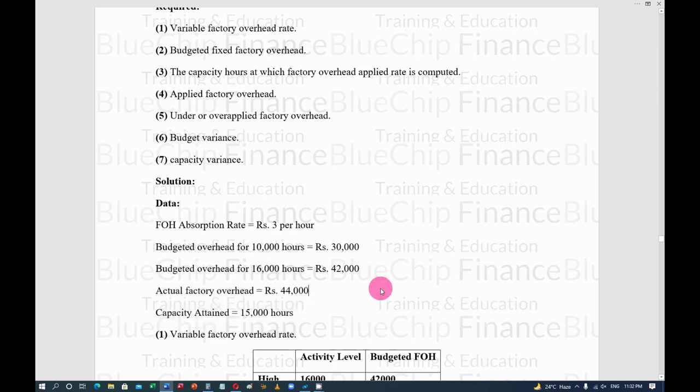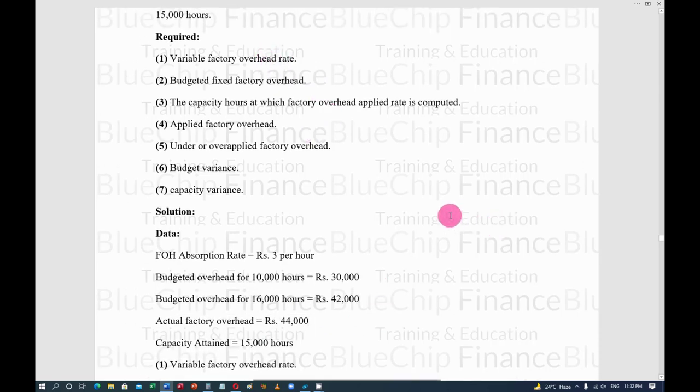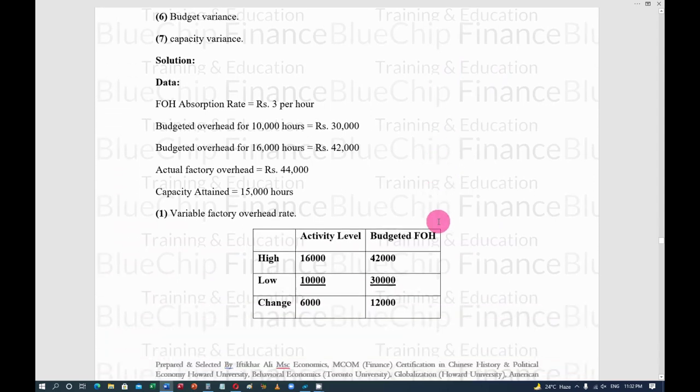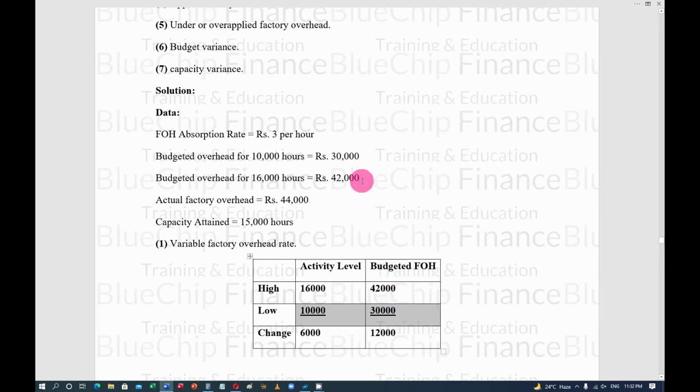So first of all, we are going to calculate the variable factory overhead rate. In this type of condition, we use the high-low method. First of all, we note the activity level and budgeted FOH at the high level, and after that we note the activity and budgeted FOH at the low level and record the change. As you are observing, budgeted overhead for 16,000 hours is 42,000, so that is the high level, and that is obviously the low level.